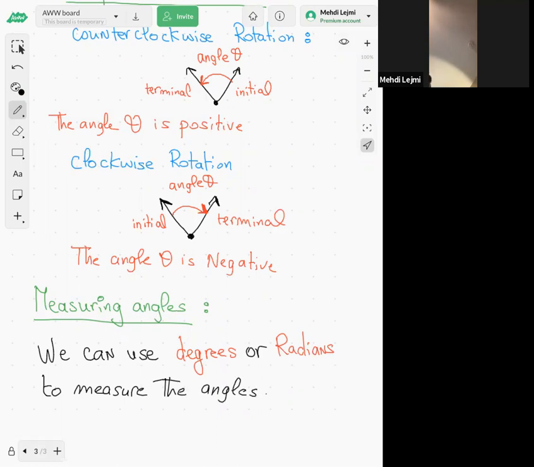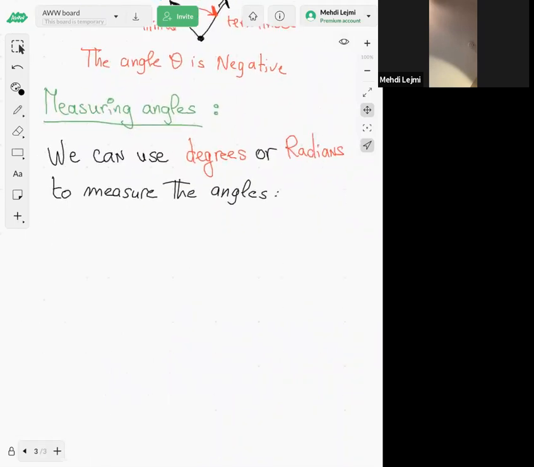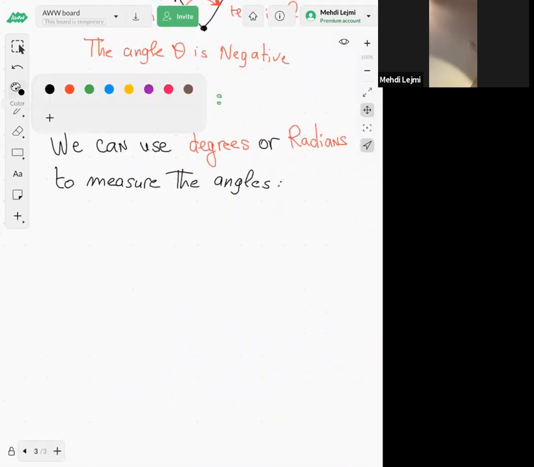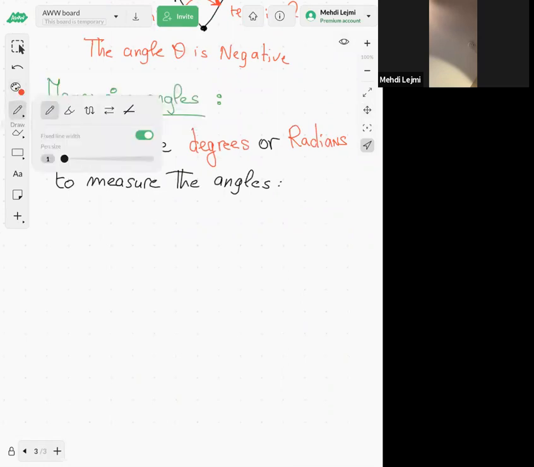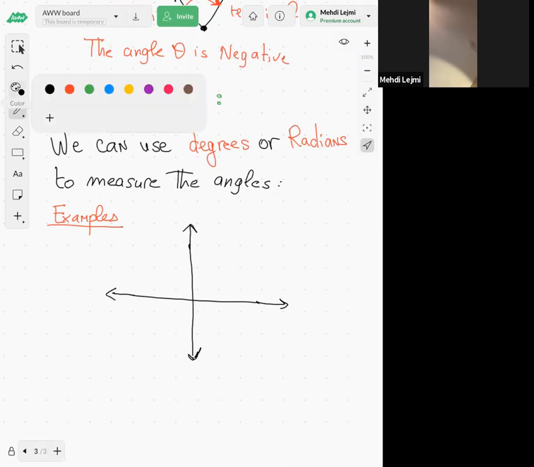Okay, so what's the relation between degrees and radians? Well, first, let me give you some examples. Here's your vertex.